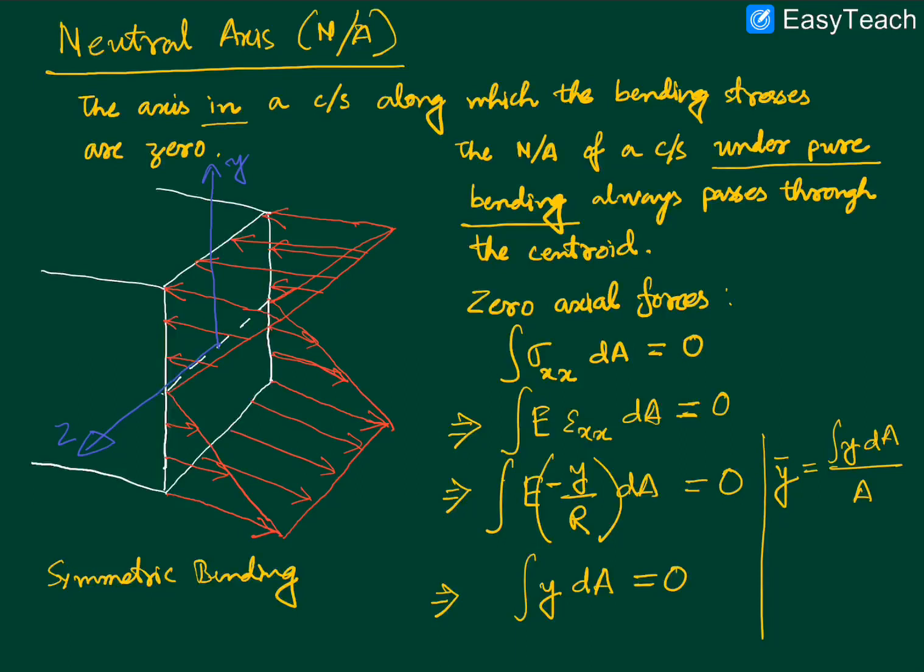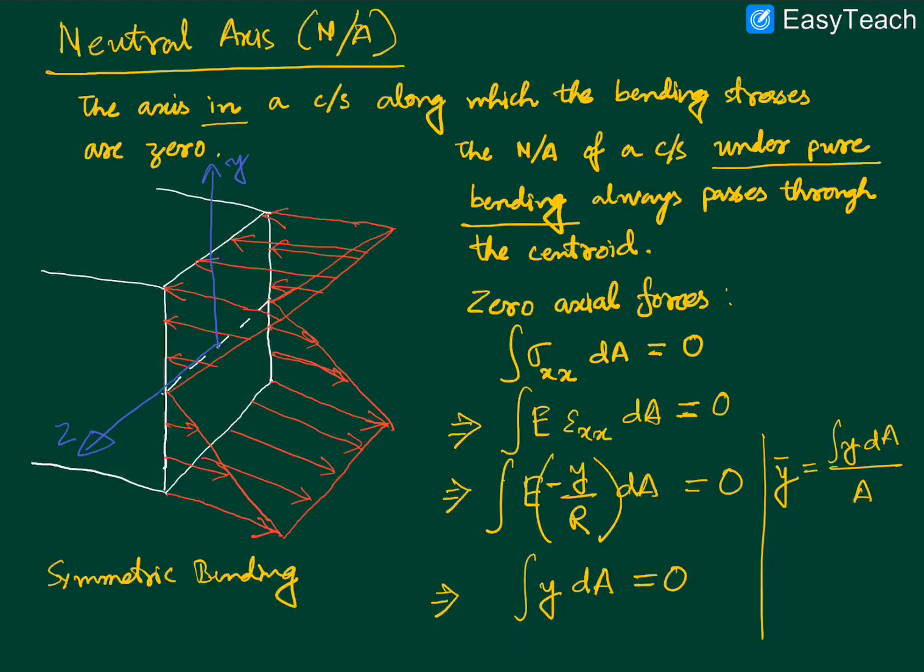But the key point to extract from this simpler case of symmetric bending is that the z axis here is lying along the neutral axis, which means that the sigma xx that I denoted here, these red arrows, denote the sigma xx. Here the sigma xx is tensile in nature, it will be positive. Here it is compressive in nature, it is negative.